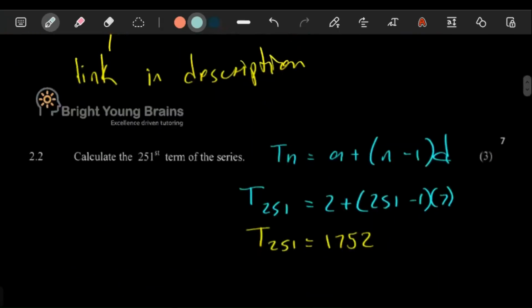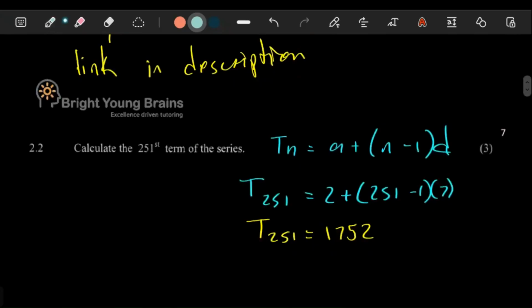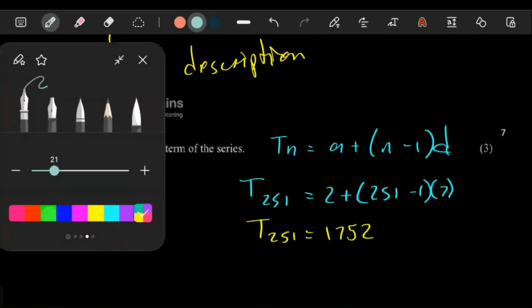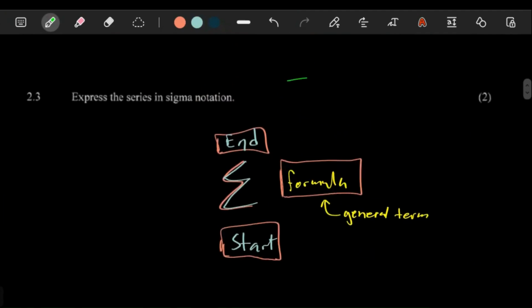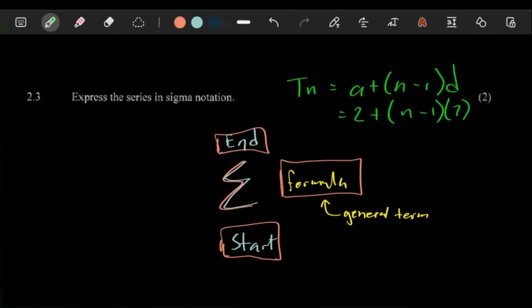And because it's an arithmetic sequence or series, we have the general term. So let's get the general term. We can always get it from this. If you sub in the relevant values, just sub in the value of a, which is the first term, leave n as n, and then sub in the common difference.